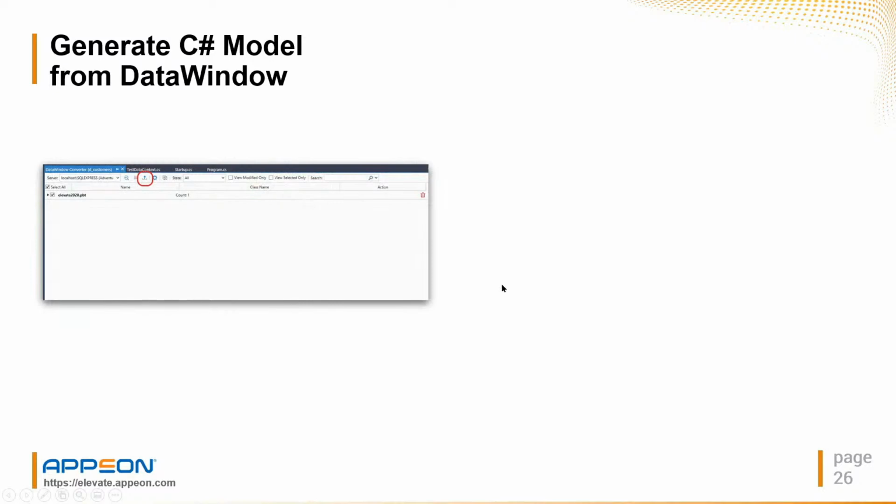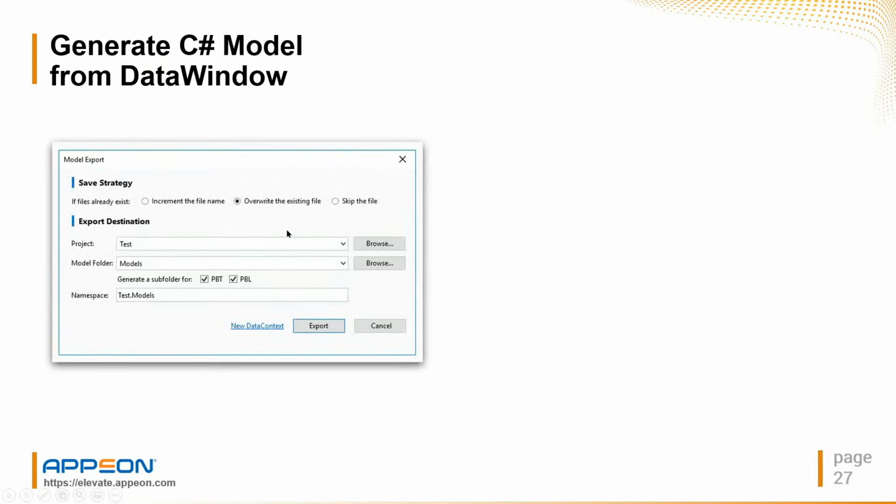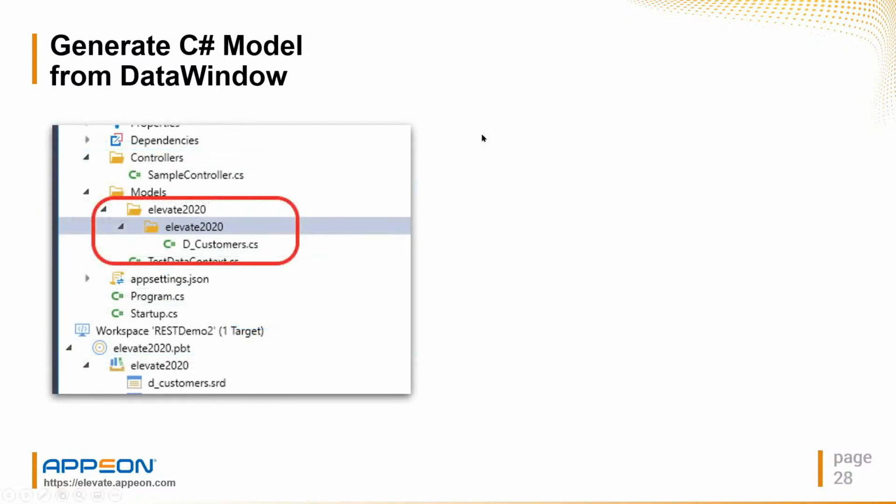This painter will appear. There's a bunch of settings you can change here, but the main thing you're interested in is that button I've highlighted in red there. That's the export button. This dialog will come up, and there's some options you can set here as well. The one thing you're going to want to do is make sure you put it in the models folder and hit export.